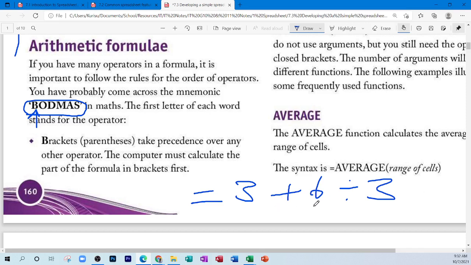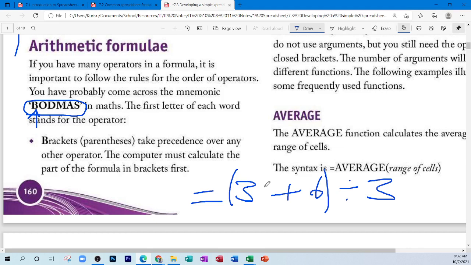Either way, in this case, say for instance you wanted to do the addition first. Just like in normal maths, you'd put your bracket. If you put your bracket here, then the bracket has to go first. So if you try this now, then your answers should be different.